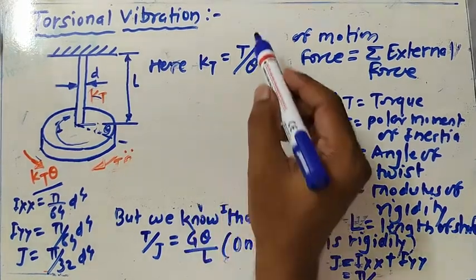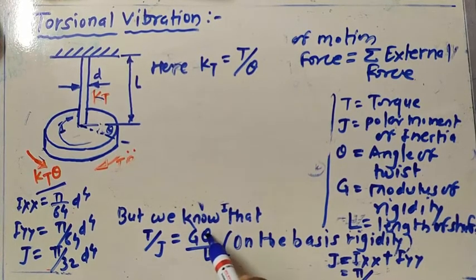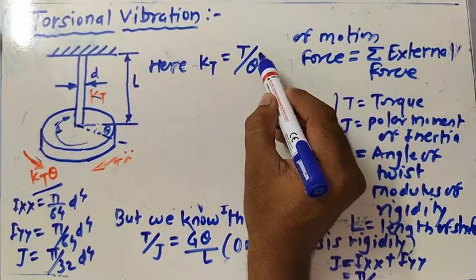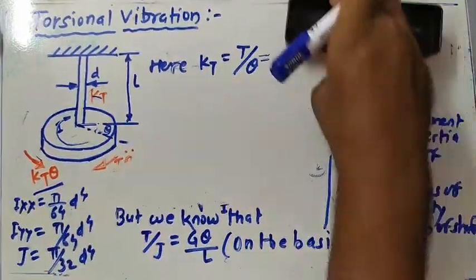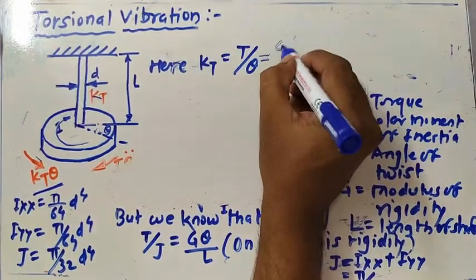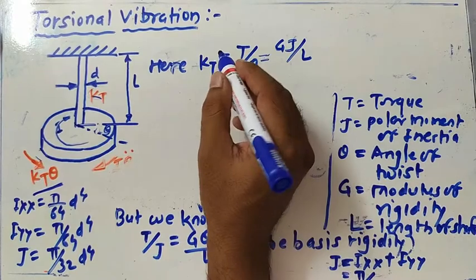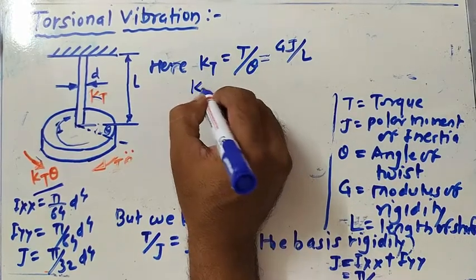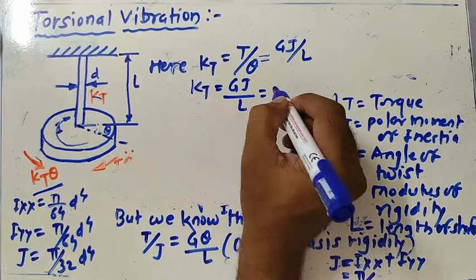Taking theta across, J is in the numerator and L remains as it is, so T by theta equals GJ by L.